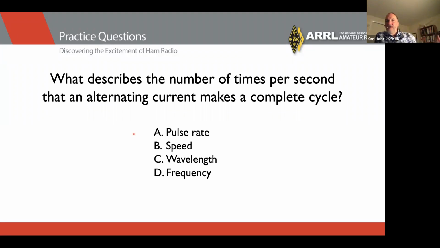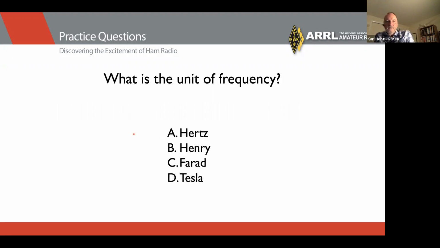That term never came up, so just eliminate it right off the bat. That always makes things easier if you can cross something off and say, I don't even have to consider that. That is clearly wrong. That narrows it down and makes it easier to pick the right one. So yes, it is the frequency.